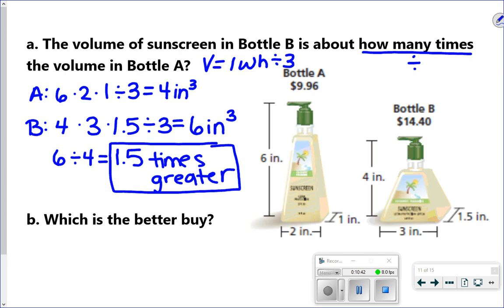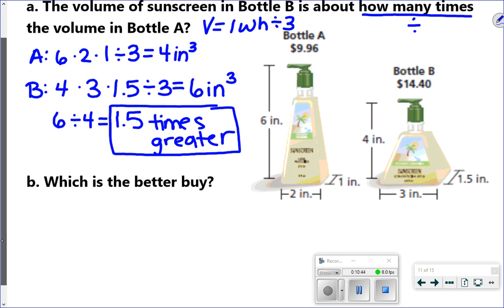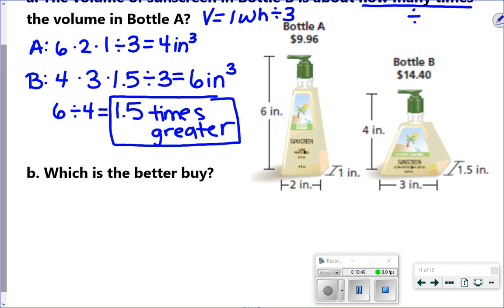So which one is the better buy? We're going to find the unit price and we're going to compare them to see which one is cheaper per cubic inch. So I'll start with bottle A. The cost for bottle A, if I look at the picture, is $9.96. And we found in our answer above that the volume there was 4 cubic inches.